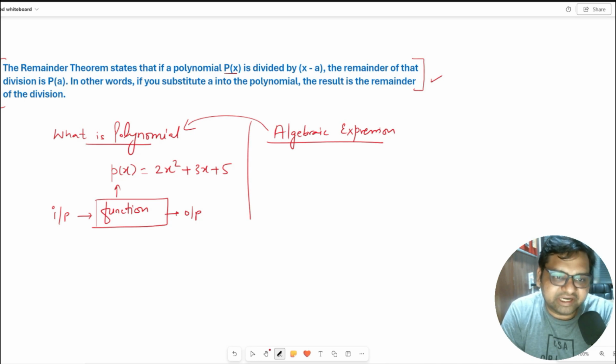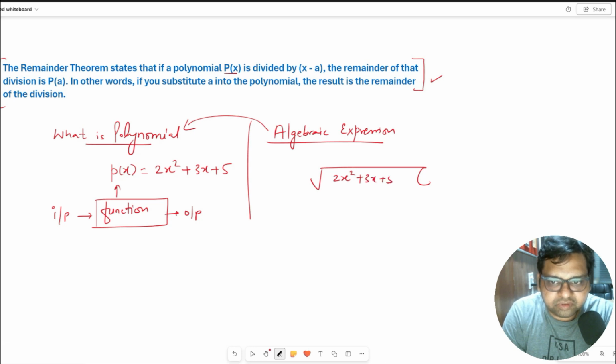Now let us take, for example, this polynomial 2x square plus 3x plus 5. If we divide this polynomial by x minus a, okay. So what is a here? A can be a real number. A is a real number, okay.